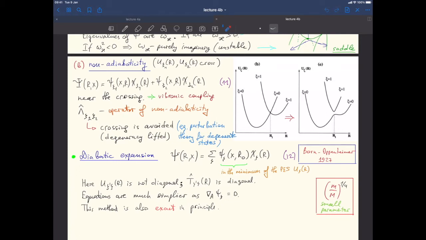So then the transition of the system from the ground state to this other minimum can be considered as happening on the ground state potential energy surface only.